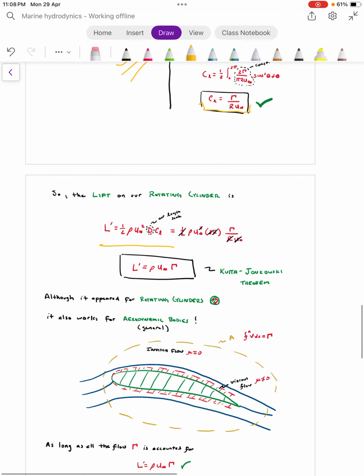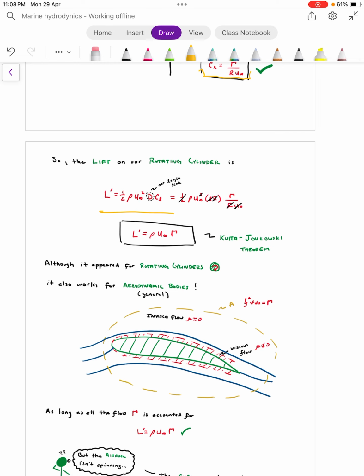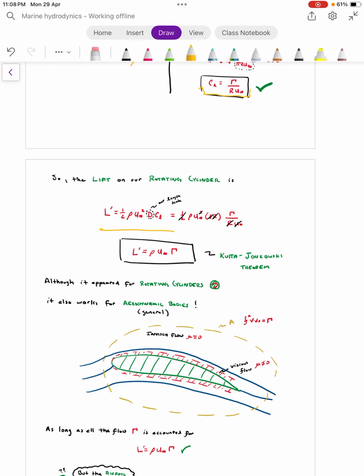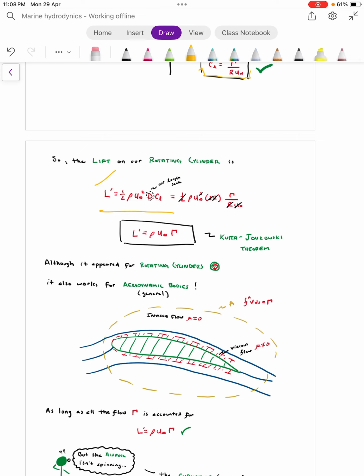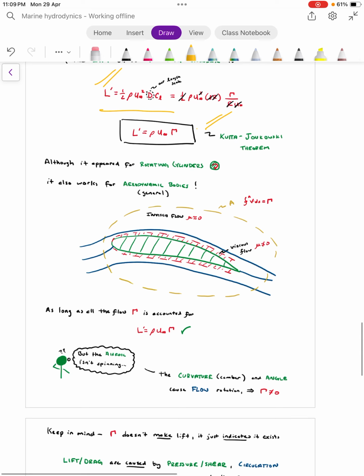So the lift force on the rotating cylinder is L dash equals half rho U infinity squared times CL, which is half rho U infinity squared times circulation by r U infinity. We put the value of CL equals circulation by r U infinity in this expression, and finally we get the Kutta-Joukowski theorem expression: L dash equals rho U infinity multiplied by circulation.